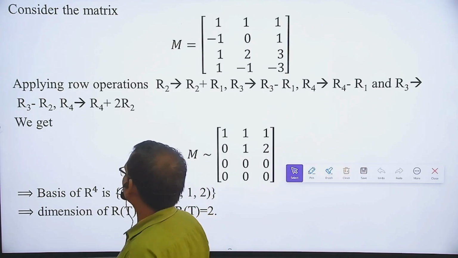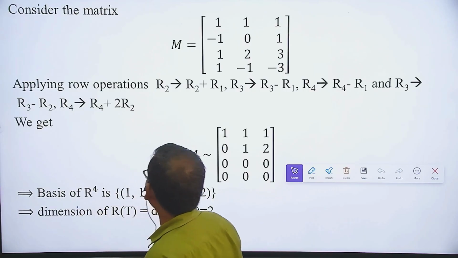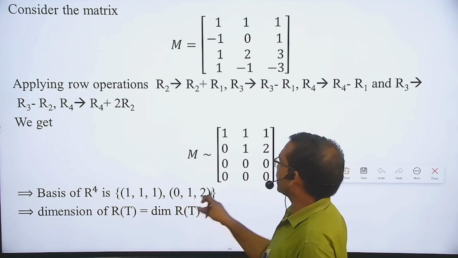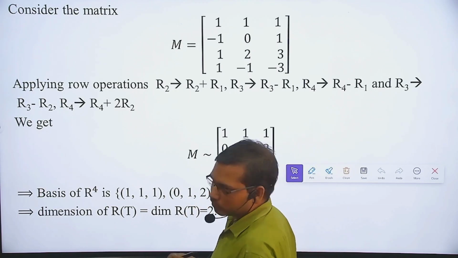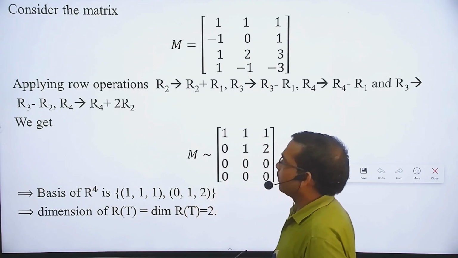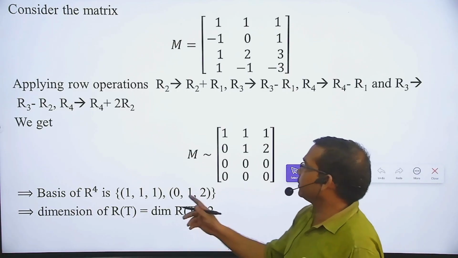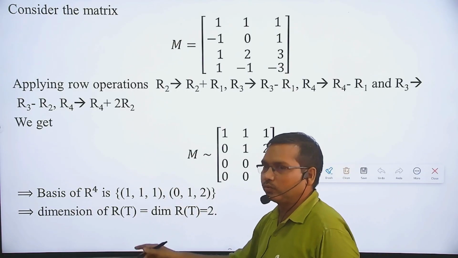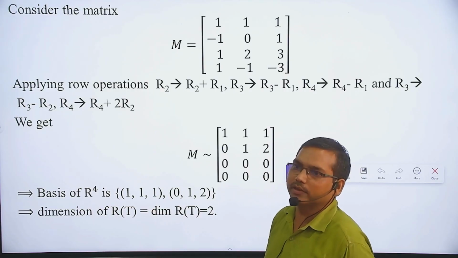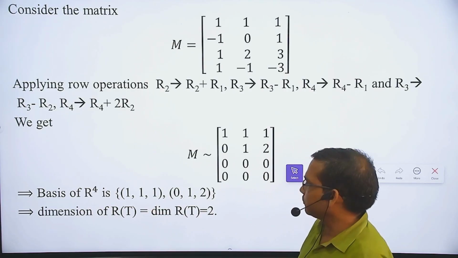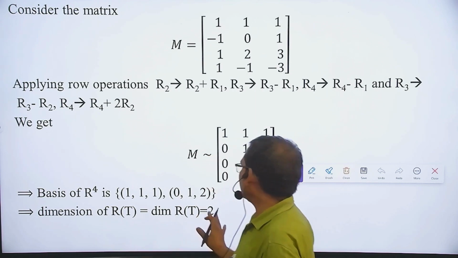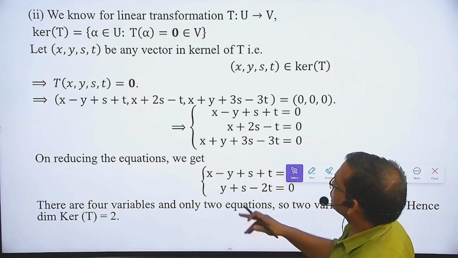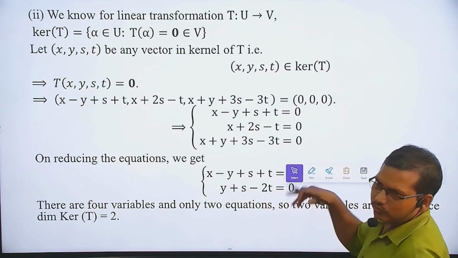It means the basis of the range space has only two vectors, (1, 1, 1) and (0, 1, 2). So the dimension of the image R(T) is only 2, because there are two vectors in the basis of the image. Dimension of R(T) is equal to 2 and the basis is (1, 1, 1), (0, 1, 2).